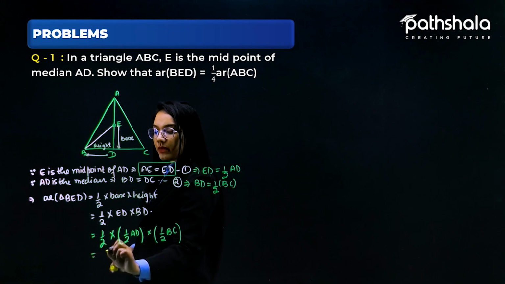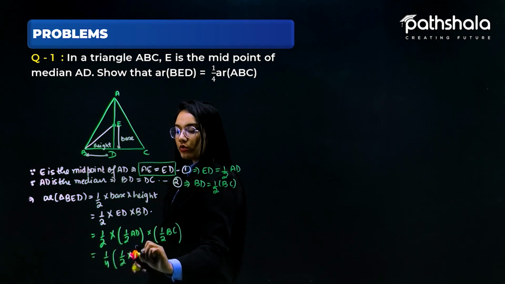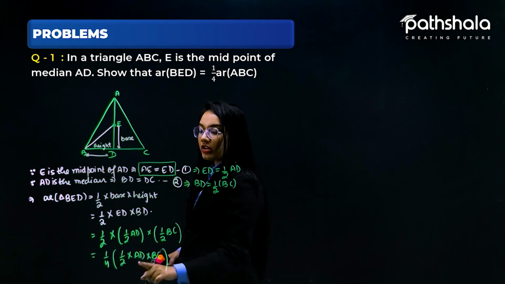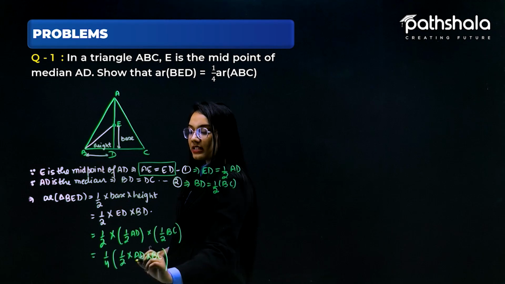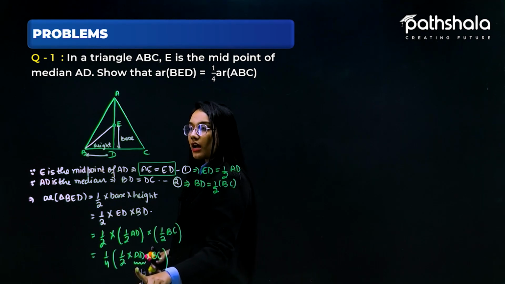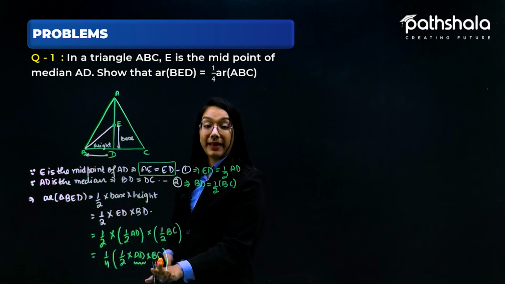Now let us take 1/4 out common, and I'm taking half into AD into BC. We can see over here that AD exists as a height, and BC exists as the base.